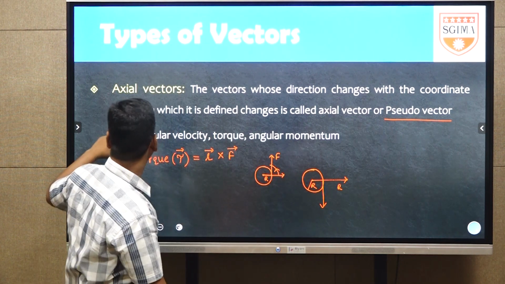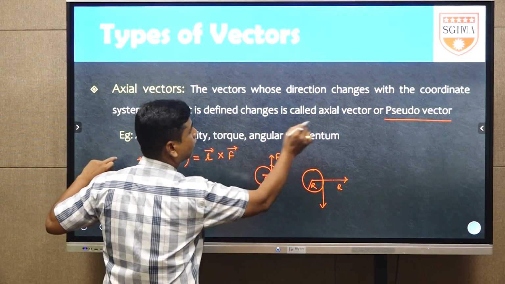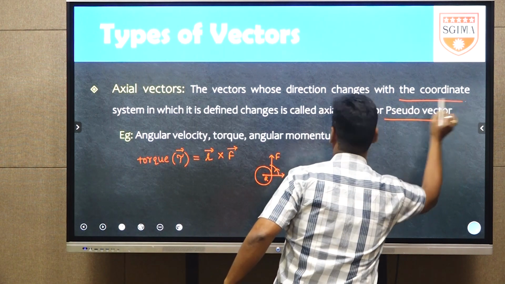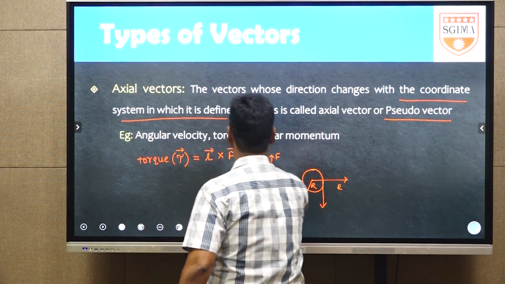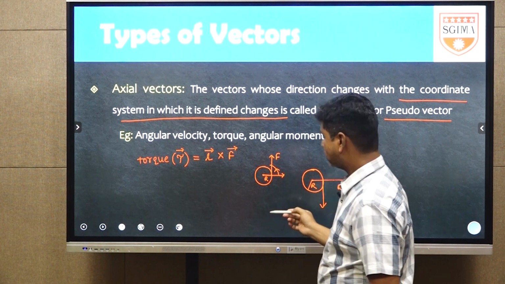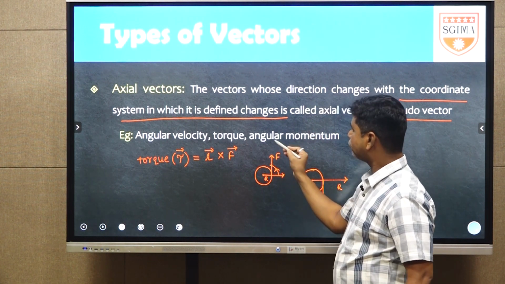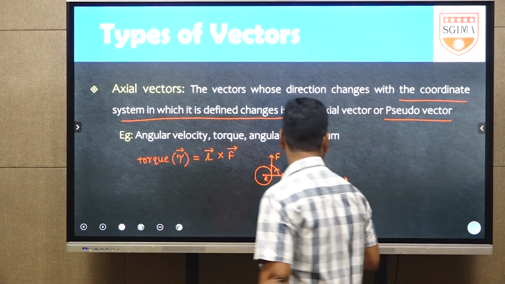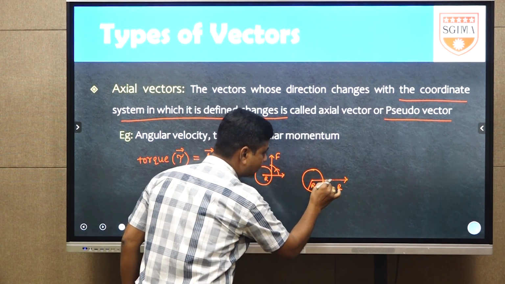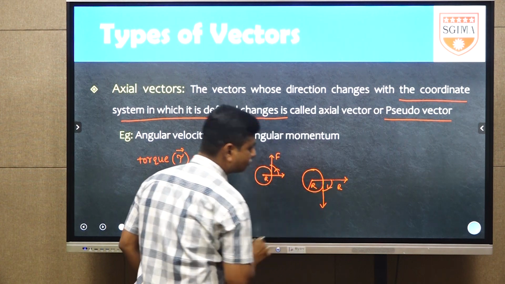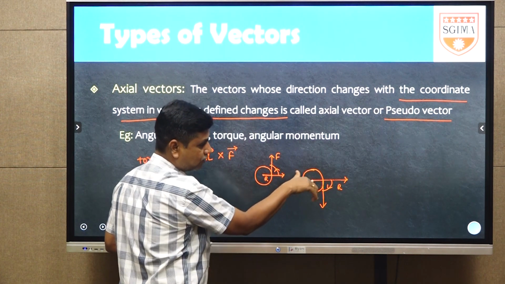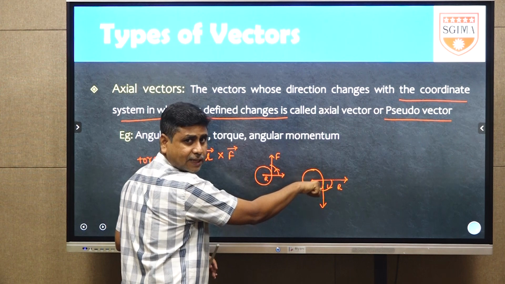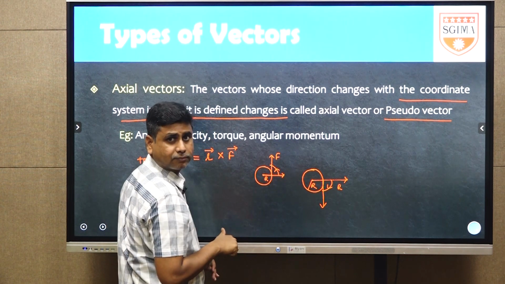That is the change in the coordinate system in which it is defined. Then R bar cross F bar is clockwise.